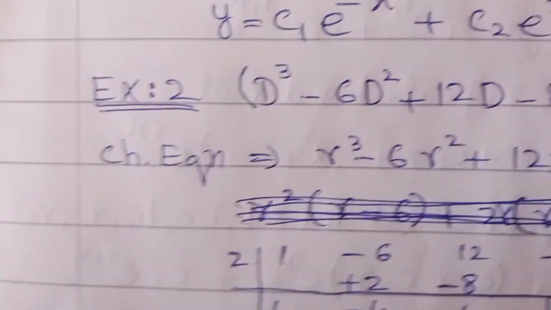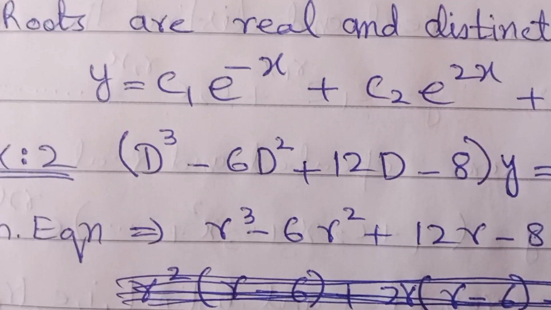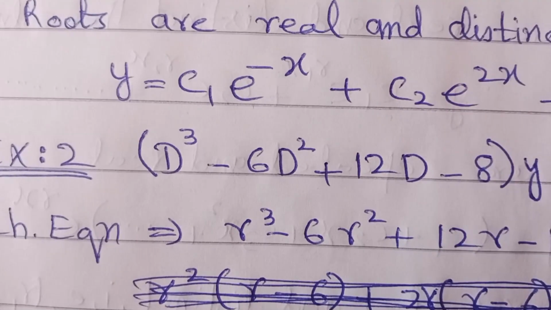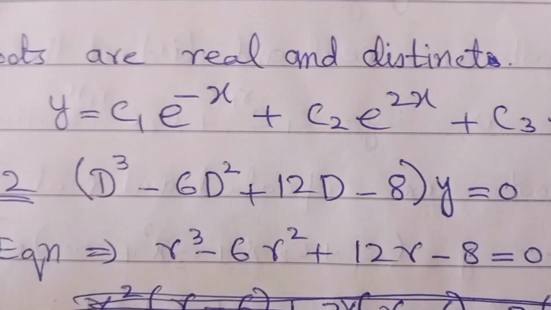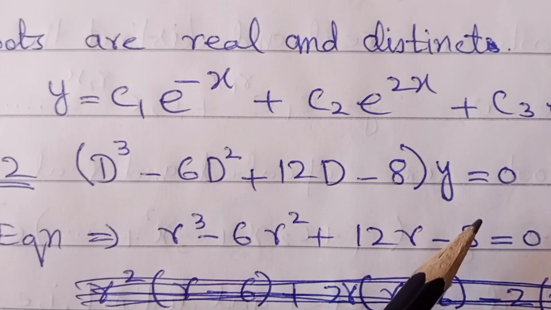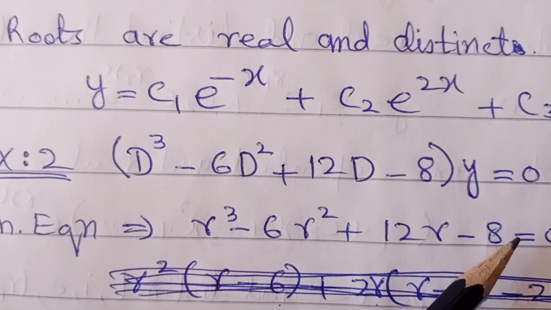Here you do not need to take it common because y is already common here, and we replace capital D, for instance d upon dx, so that the equation is D cube minus 6D square plus 12D minus 8 into y is equal to 0.